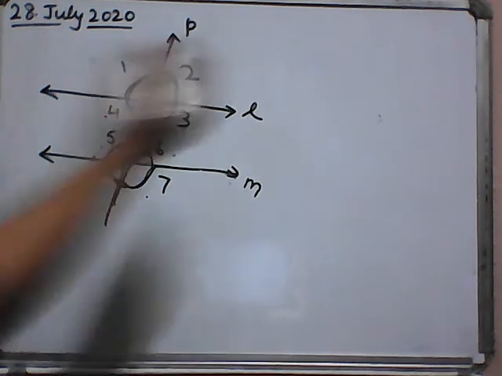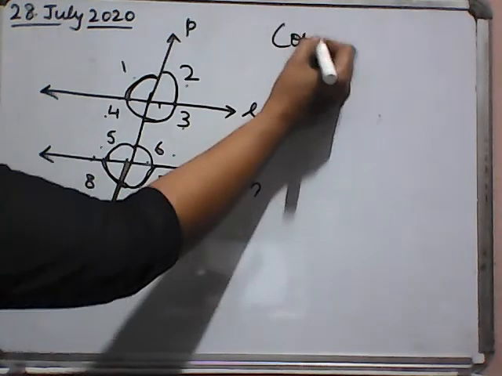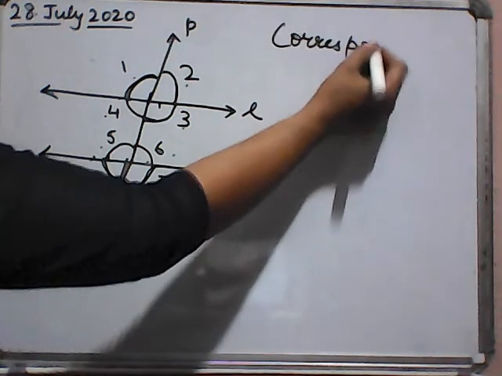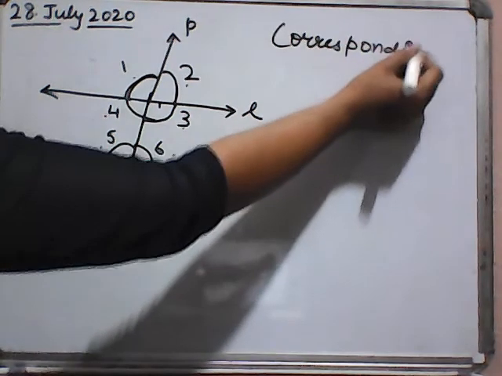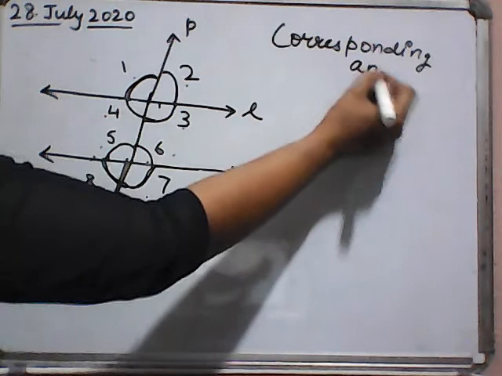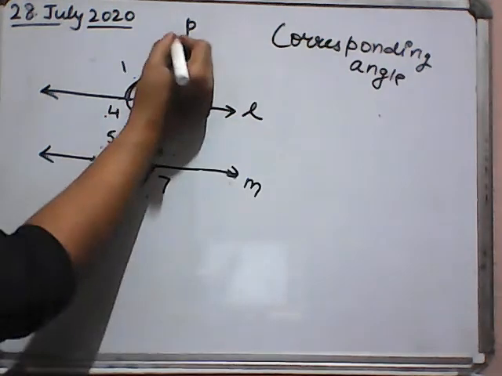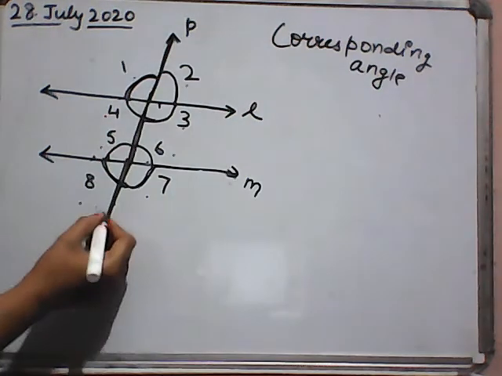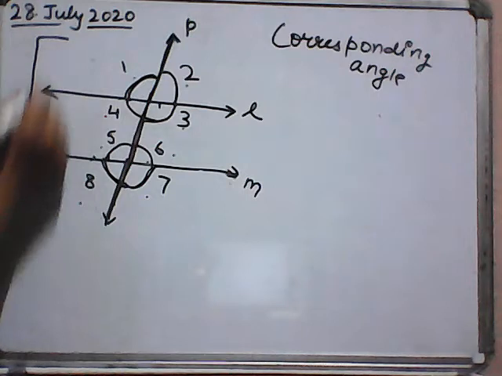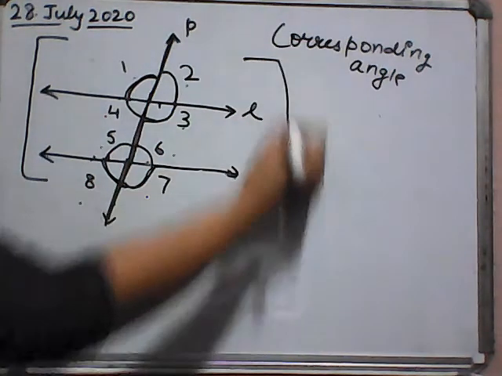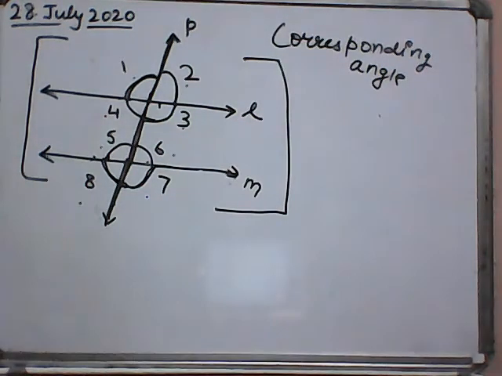Next is the pair of corresponding angles. Corresponding angles lie on the same side of the transversal, either on this side or on this side, and they are in corresponding position.